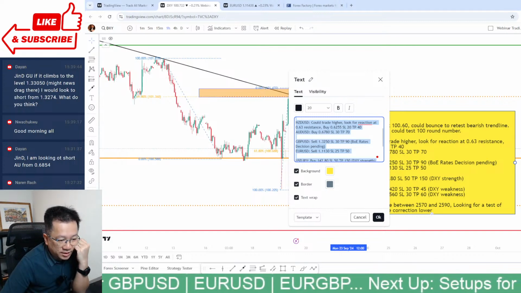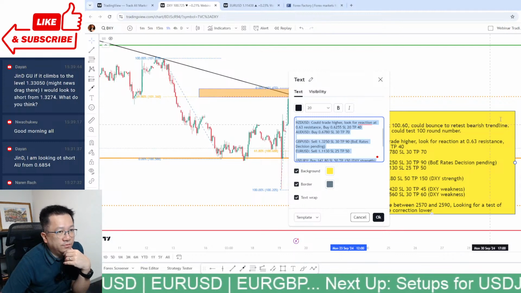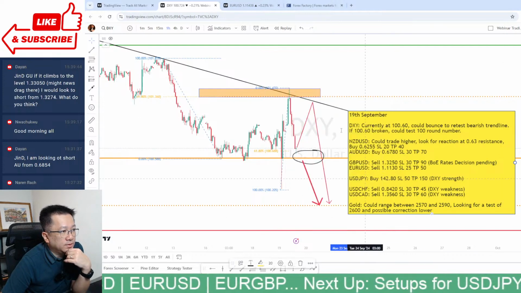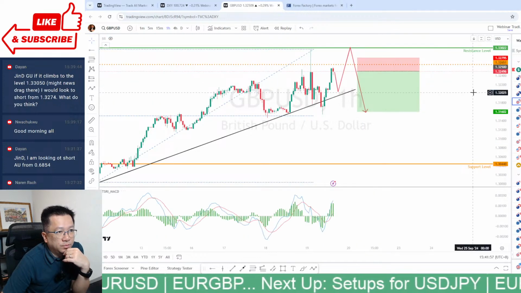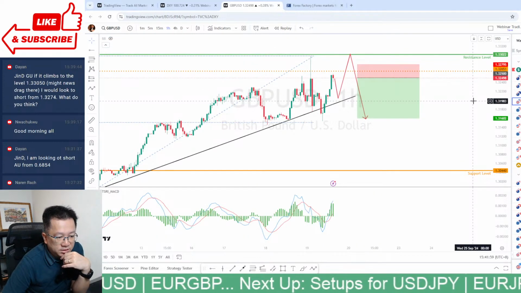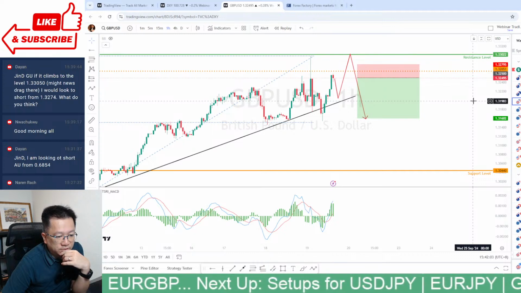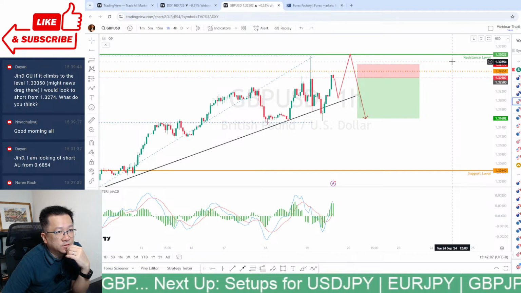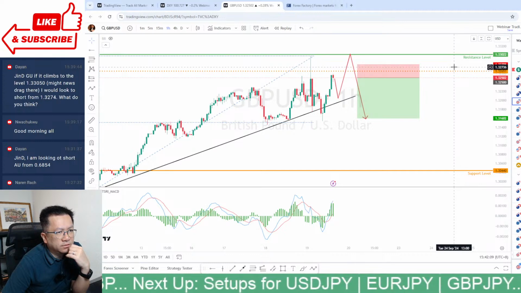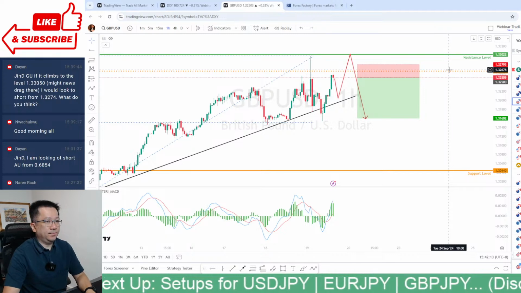So Diana's asking if pound climbs to the level at 1.33, hang on, let me bring that up. Pound climbs to 1.33, yes. My news dragged there. I will look to short from 1.3274. Yeah, you can.